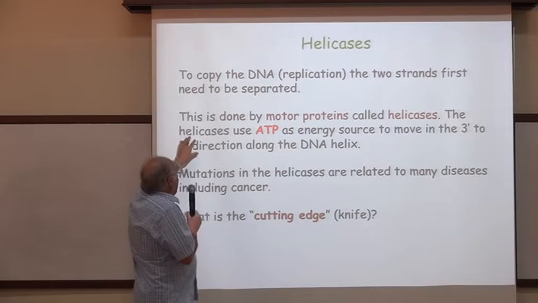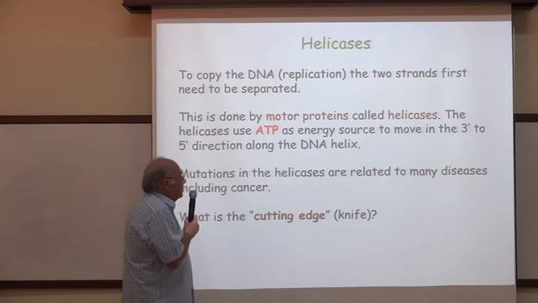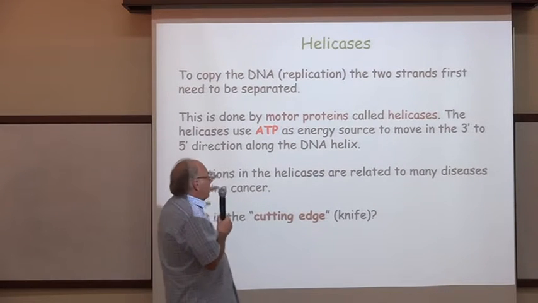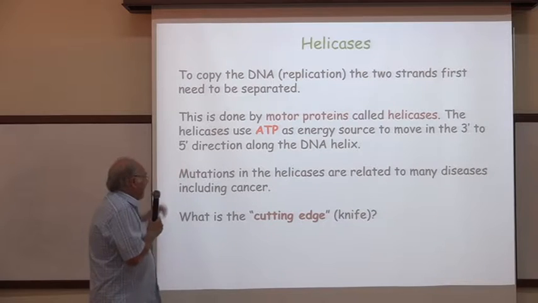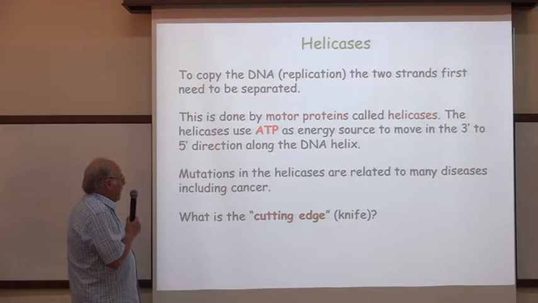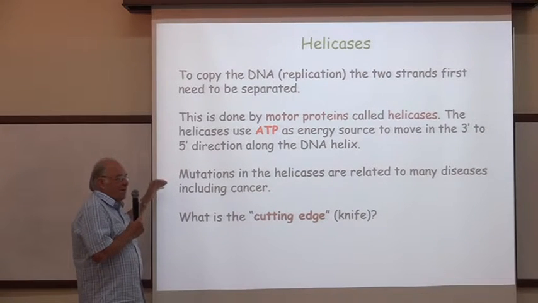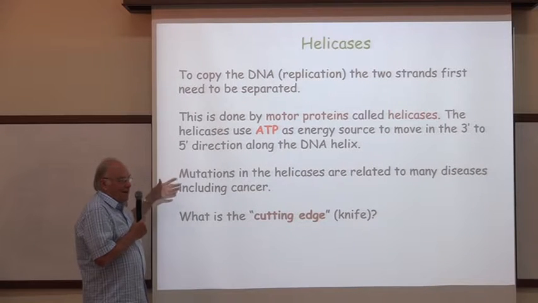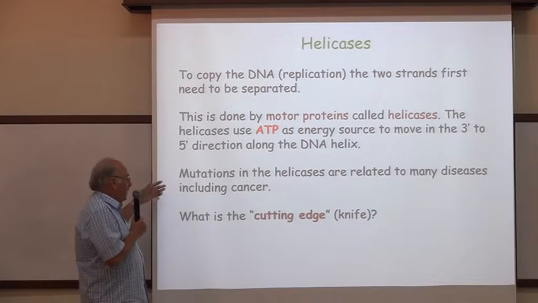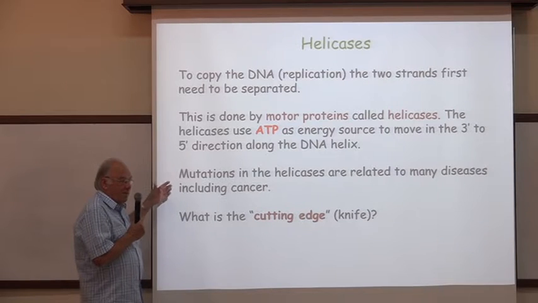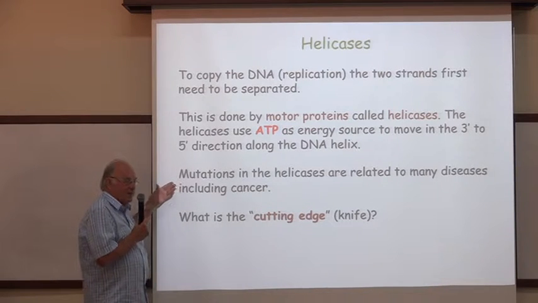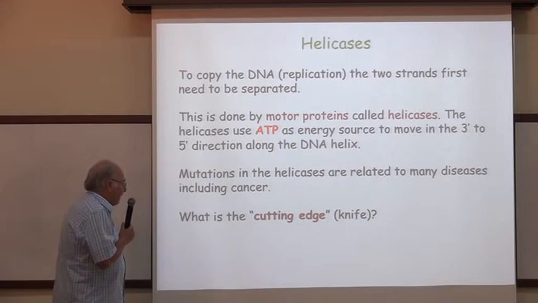So the helicases use ATP as the energy source and move in the 3' to 5' direction along the DNA helix. And if these helicases are mutated, this will lead to severe problems. So many diseases can be due to mutations in helicases, including cancer.